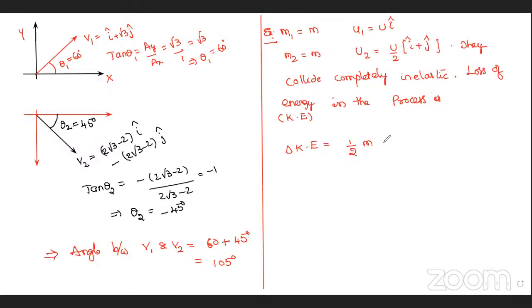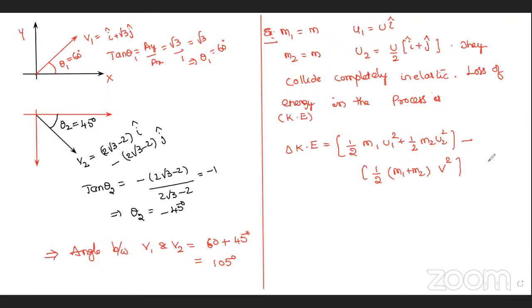Total kinetic energy before is half m1 u1 square plus half m2 u2 square. Total kinetic energy before minus total kinetic energy after. After, since it is completely inelastic, they travel combinedly: M1 plus M2 stick together and travel with a velocity v.